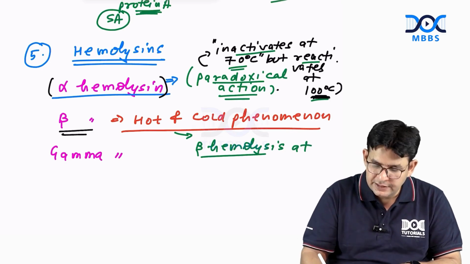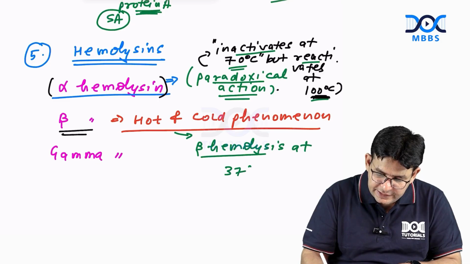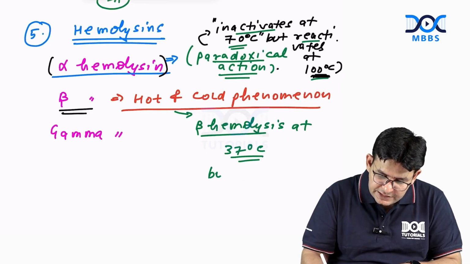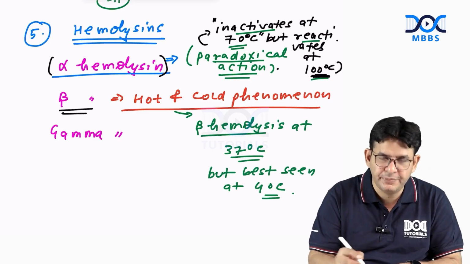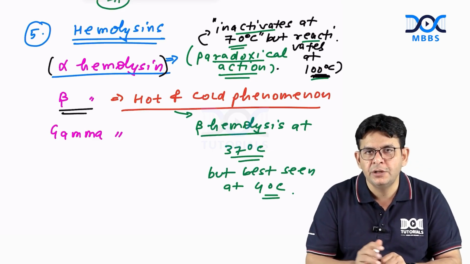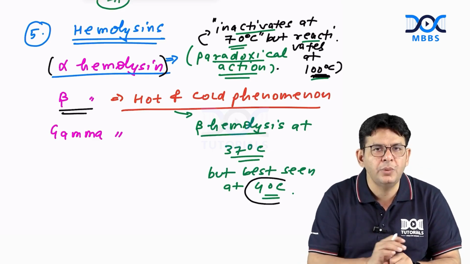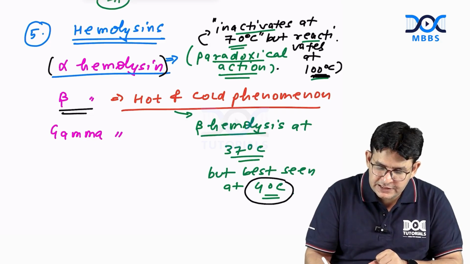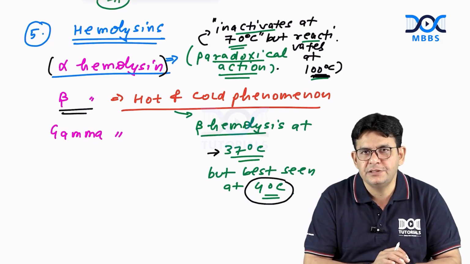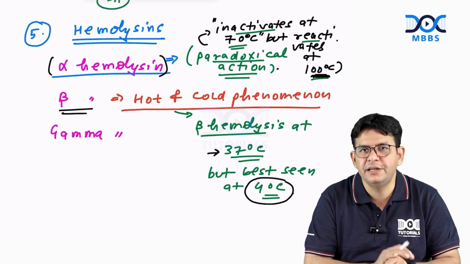It starts at 37 degrees centigrade, but it is best seen at 4 degrees centigrade, which is the cold temperature. This one starts at 37 degrees centigrade.